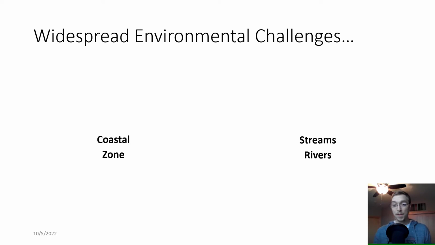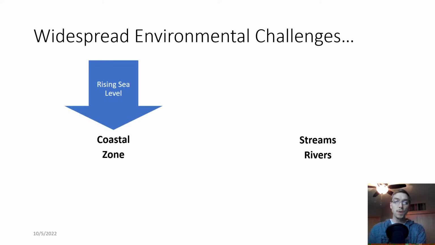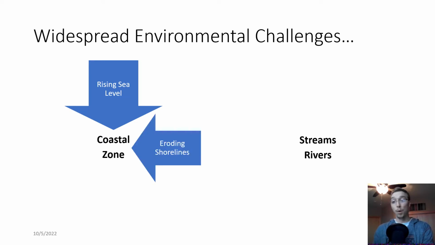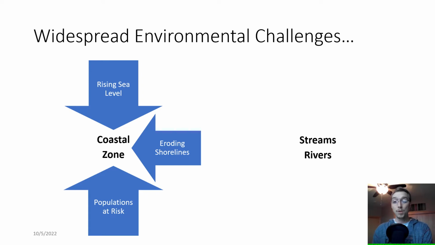So we're facing widespread environmental challenges, and we've talked about this a bit in our class. The two areas that we're going to focus on in this talk are the coastal zone and streams and rivers, or the riparian zone. In the coastal zone, we're seeing rising sea levels across the globe, eroding shorelines, populations that are severely at risk, and infrastructure that is also at risk.